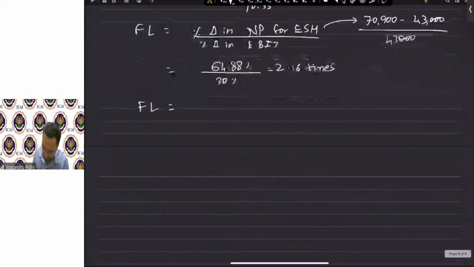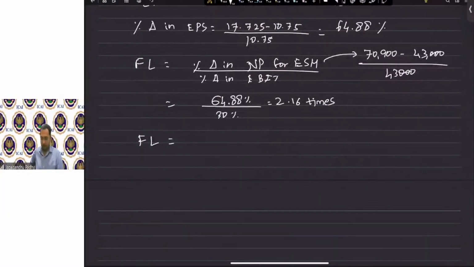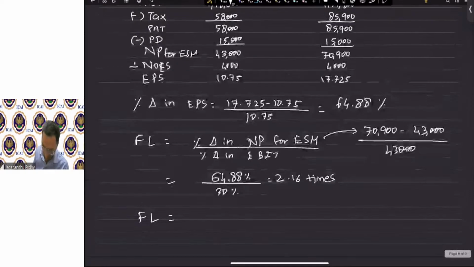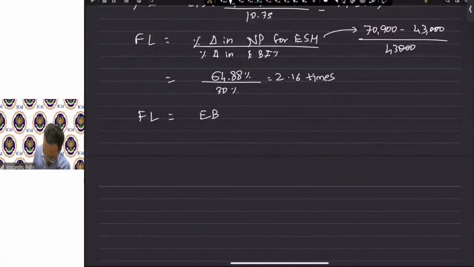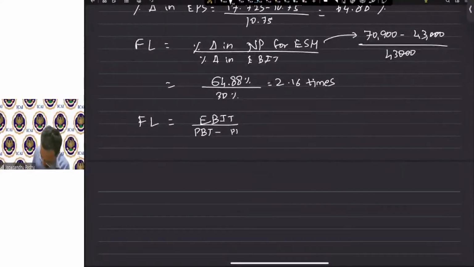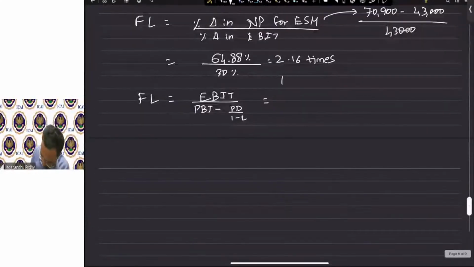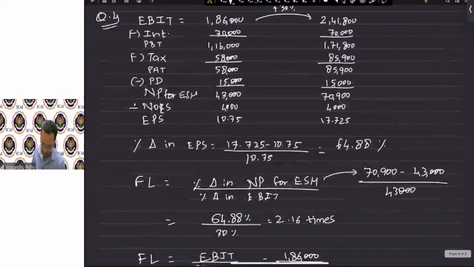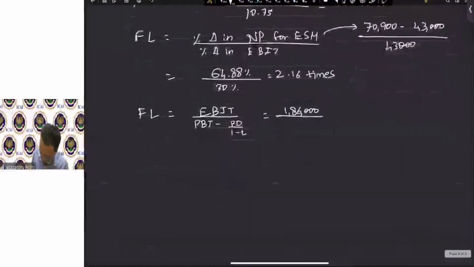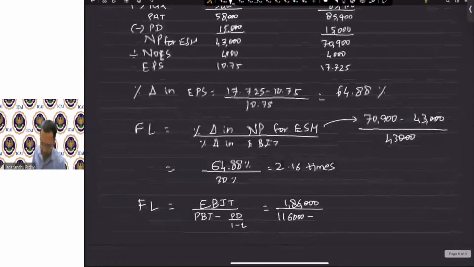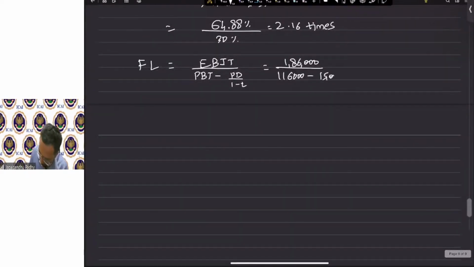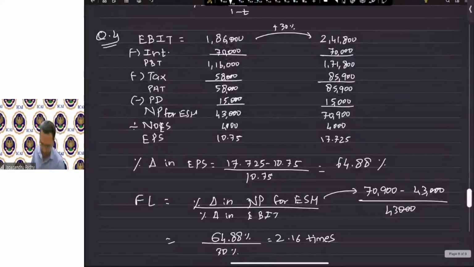If we use the shortcut, as we have stated in the formula, financial leverage is EBIT upon profit before tax minus preference dividend upon 1 minus T. EBIT is 1,86,000 upon profit before tax of 1,16,000 minus preference dividend of 15,000 divided by 1 minus tax rate of 50%.